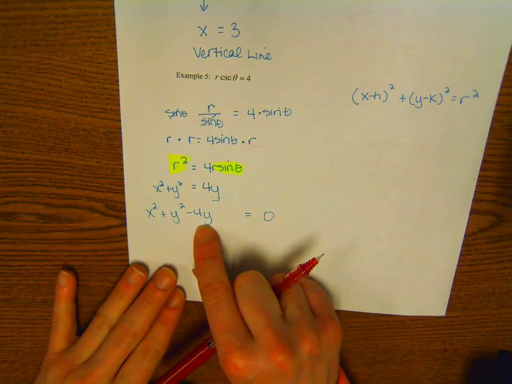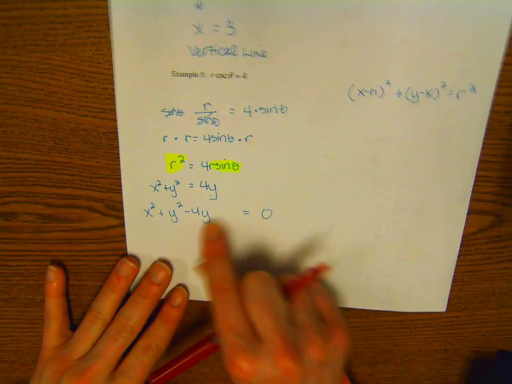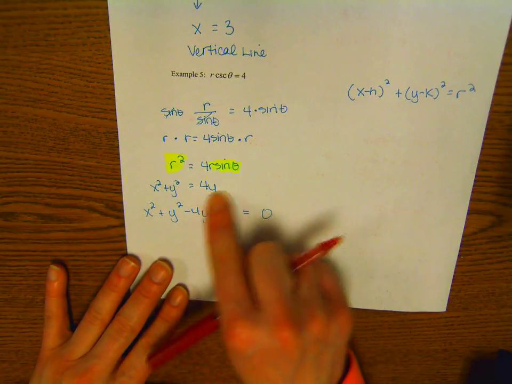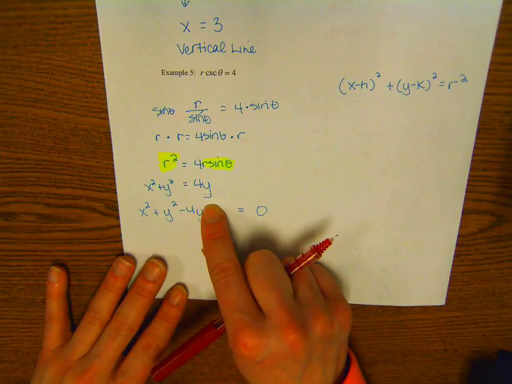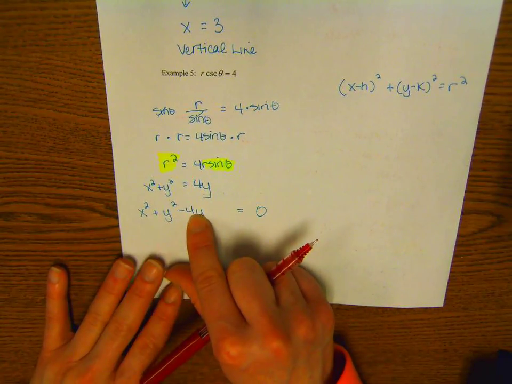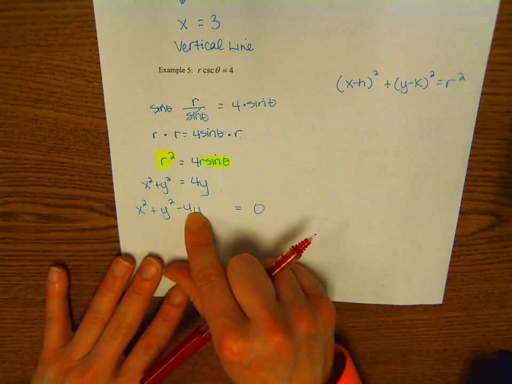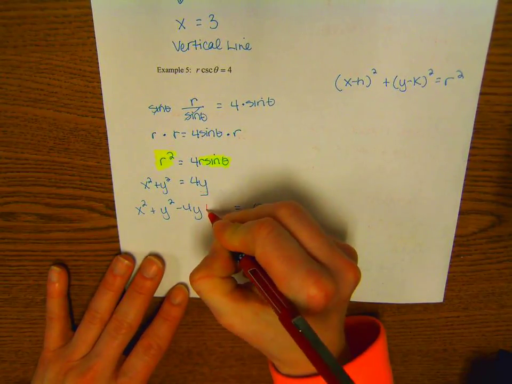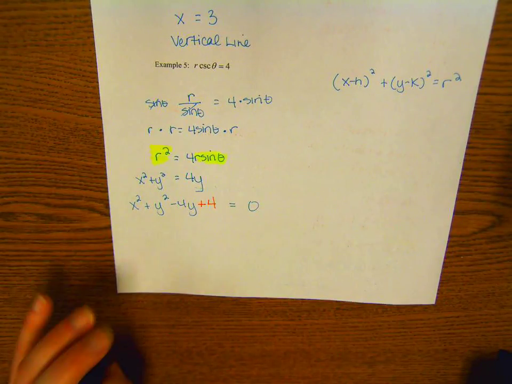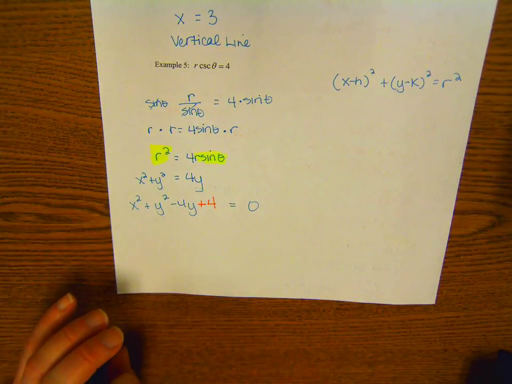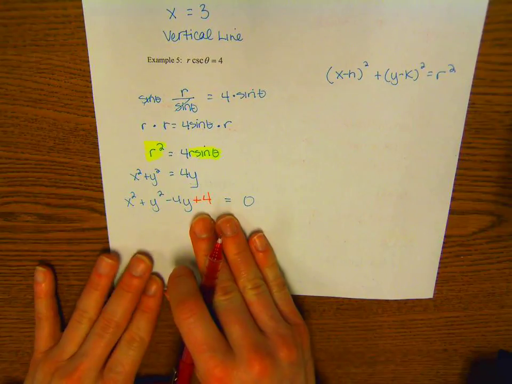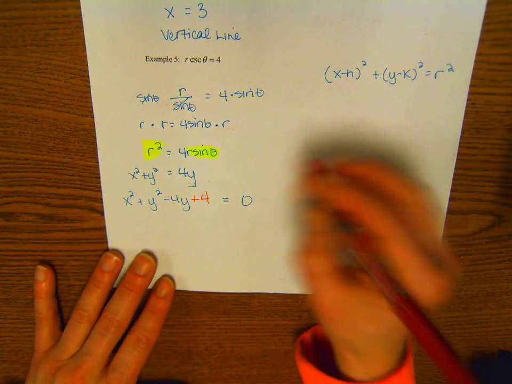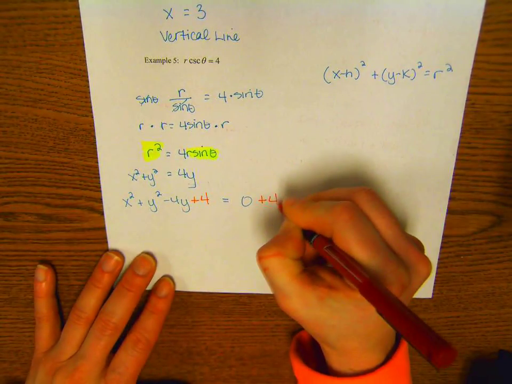You've got to pick something to put here that's going to make it y minus something squared. We take half of this term, negative 2, and we square it, which is 4. And that's always the case for completing the square: you take half of the middle term and you square it. I just added 4 to this side, so now what do I need to do? Add 4 to the other side. Now we're going to get our radius to show up.